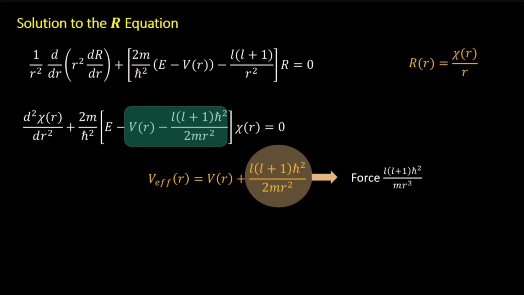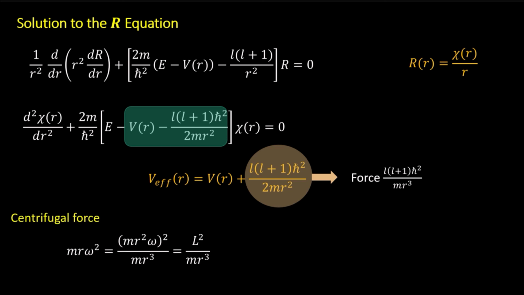Now if we write the centrifugal force, we know the expression for the centrifugal force, which is m r omega square, in terms of the orbital angular momentum capital L. We have an expression like this: m r omega square equals the square of the angular momentum divided by m r cube.